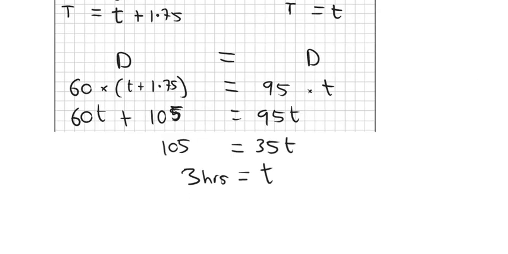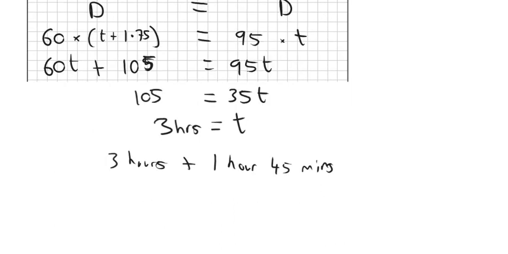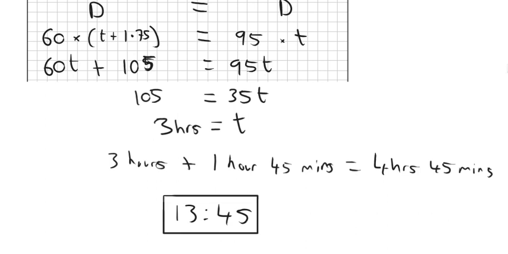So it'll be 3 hours plus 1 hour 45, so that's 4 hours 45. So 4 hours 45 minutes after 9 o'clock would be 1:45. So 9, 10, 11, 12, 1, and then 45 minutes, so 13:45. So that's our final answer then, 1:45 or 13:45. And that's all for that question.